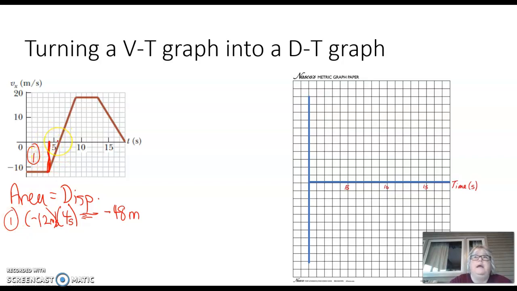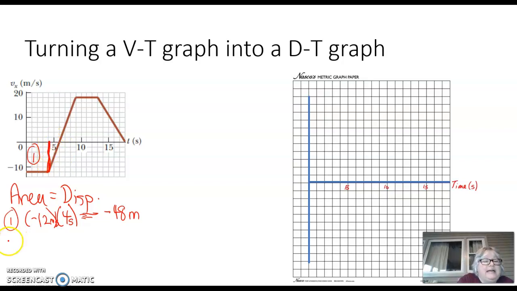Area 2. Now, for this graph, I'm going to have 5 areas as opposed to my last that I had 4 slopes. So now I want to do this small triangle here.